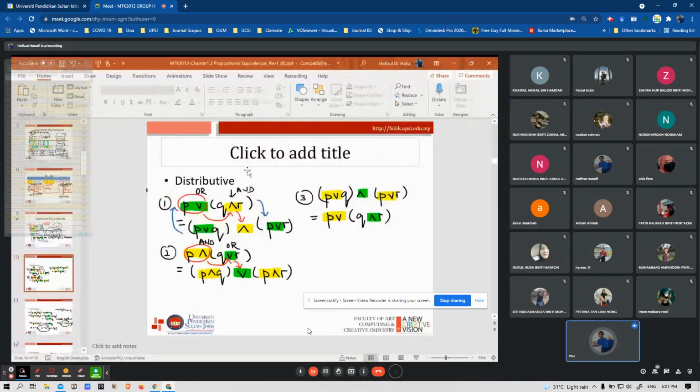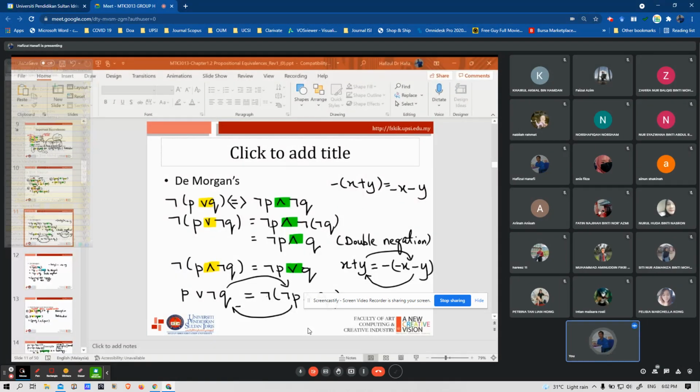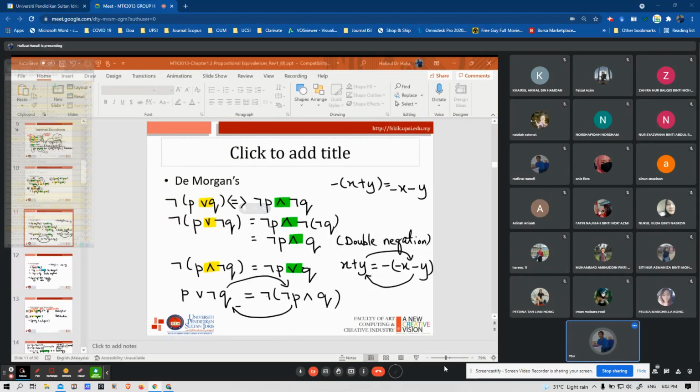Okay, and then we have De Morgan law. When we negate a disjunction, respectively a conjunction, conjunction is and, we have to negate the two logical statements and change the operation from disjunction to conjunction. We have to change the disjunction and conjunction.